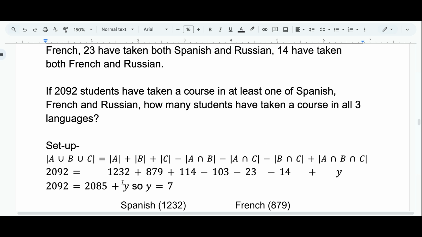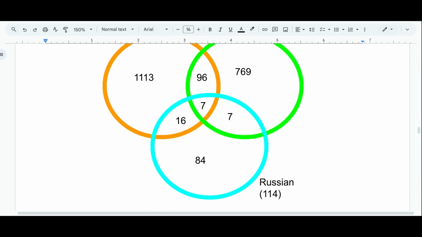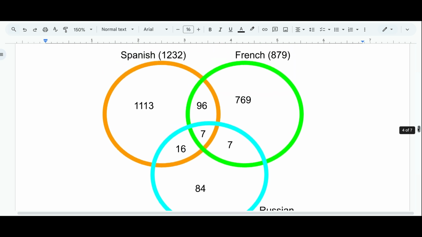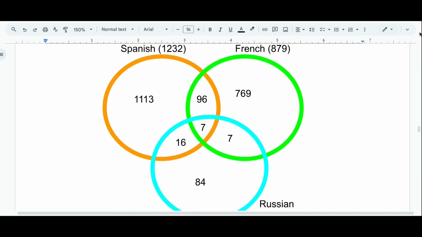If you, on the right-hand side, add up 1232, 879, 114, then subtract off the intersections, 103, 23, 14, you're left with 2,085. Subtracting that gives us 7 in the triple intersection of all 3. And here's a picture with the regions labeled.